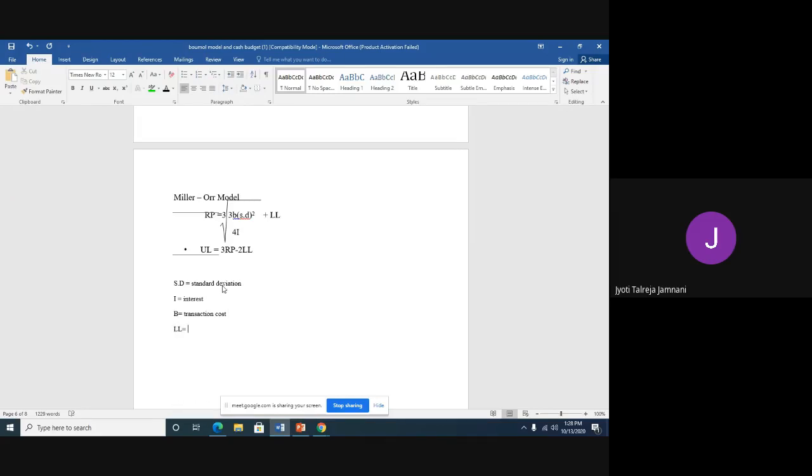L is the lower limit. Then RP is the return point. Now RP is also called Z. So it can be RP or capital Z. So return point is denoted as Z. So in the exam, you can use either RP or Z.